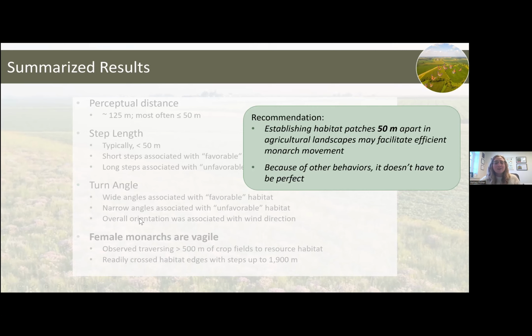But because of these other things that butterflies are doing, like taking these huge steps over crop fields and edges, it's okay if it's not perfect. It would be great if it could be every 50 meters, but just getting habitat in the ground will be good too, because there are other things that the butterflies can do to find it.